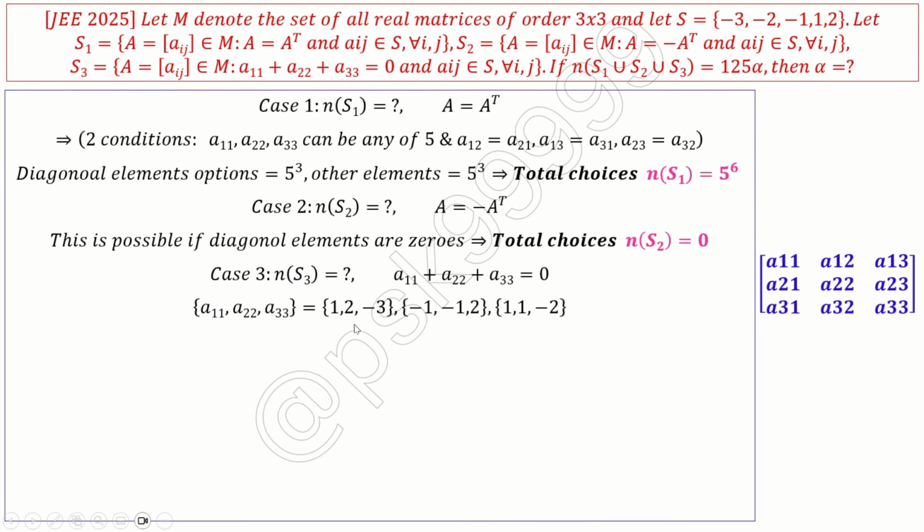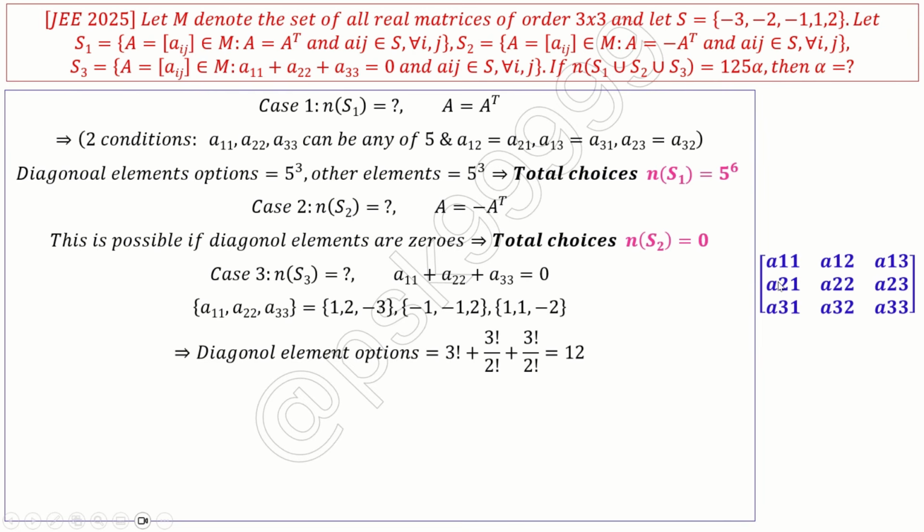The first can be arranged in 3 factorial ways. The second has a repetition, so 3 factorial by 2 factorial. The third also has a repetition, so 3 factorial by 2 factorial. So the total diagonal element options is 12.